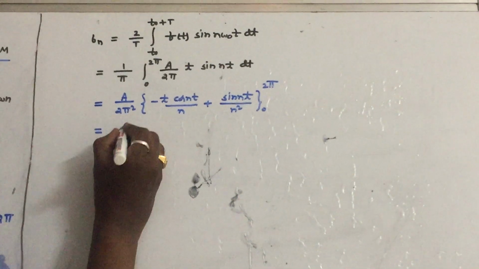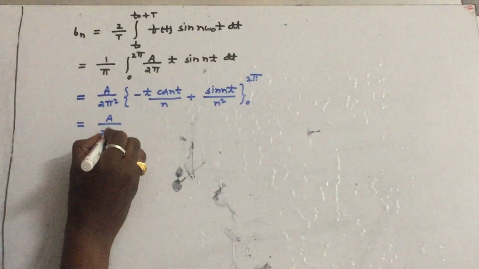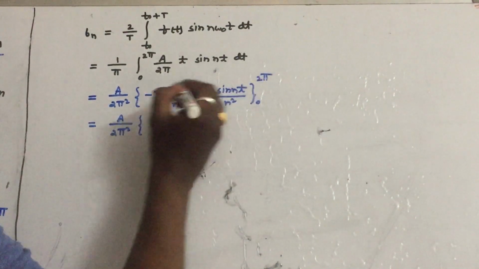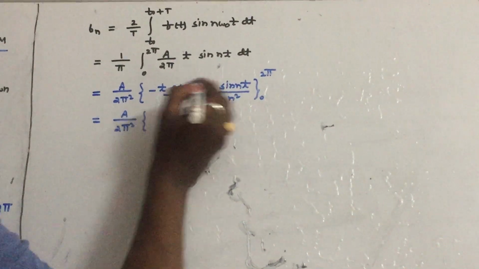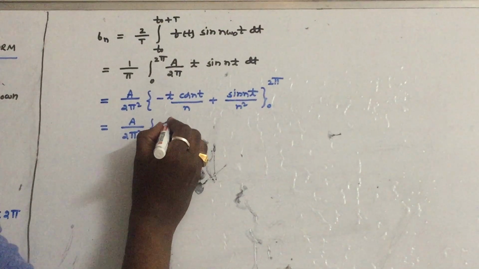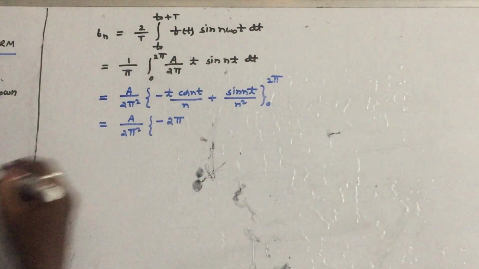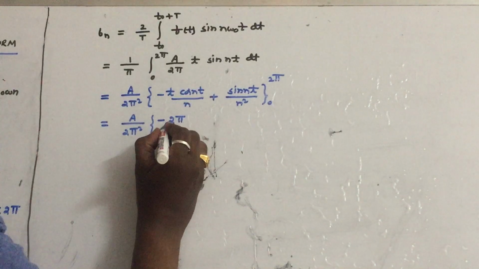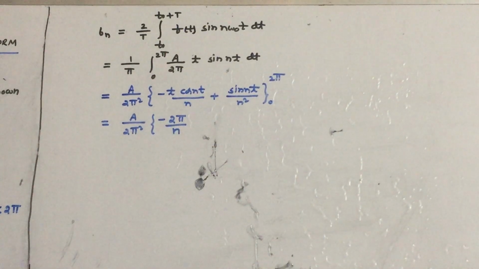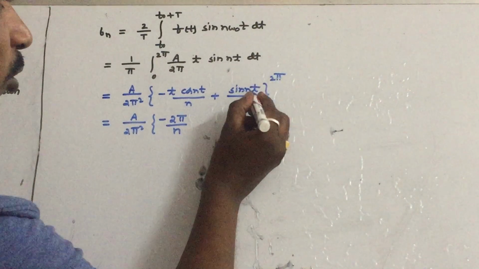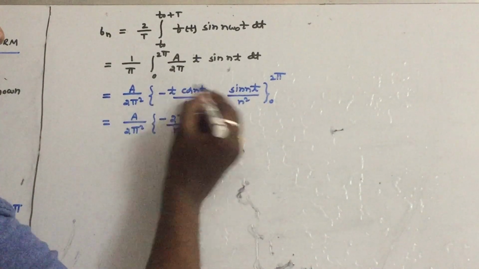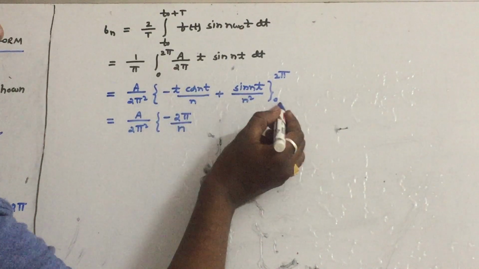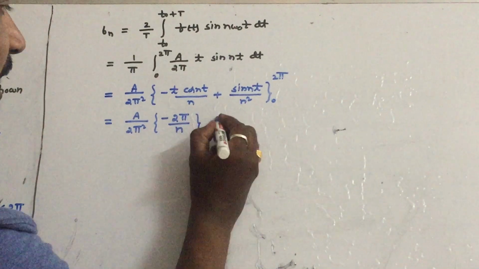So from this you can clearly see a by 2 pi square. If you substitute 2 pi here, the first term will become minus 2 pi, cos 2 pi n is 1, by n, and sin 2 pi n is 0. If you substitute the lower limit, this term is 0, sin 0 is 0. So only this term will remain.